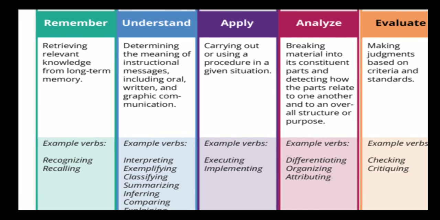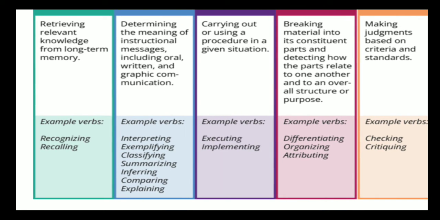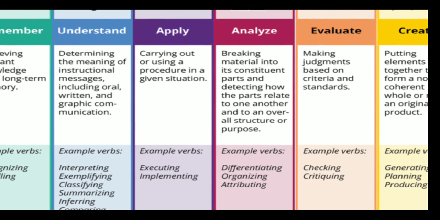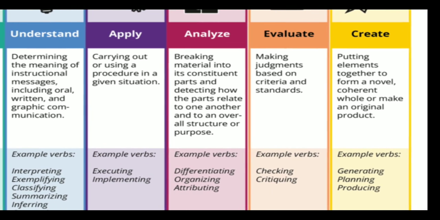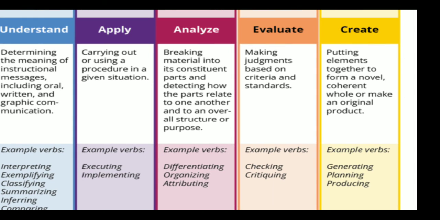For understanding, we have interpreting, exemplifying, classifying, summarizing, inferring, comparing, and explaining. In application, we have executing, implementing, and then analyzing, we have differentiating, organizing, attributing. In evaluation, we have checking, critiquing, and in creating, we have generating, planning, producing.